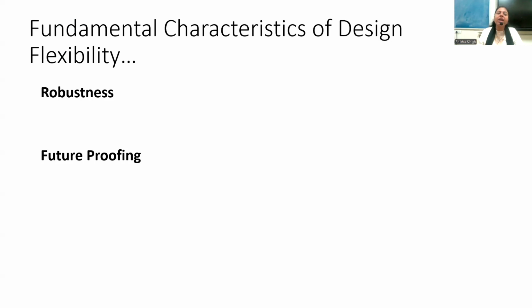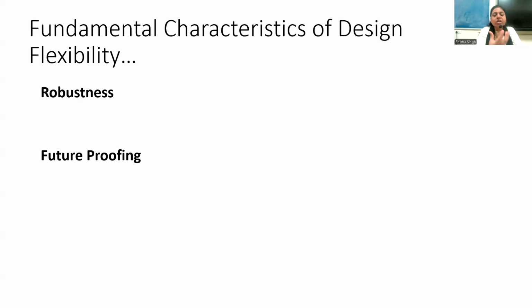Every now and then we are having new technologies, especially AI-based developments are at peak. And if we do not prepare our designs robust with future proofing, it will be very difficult.